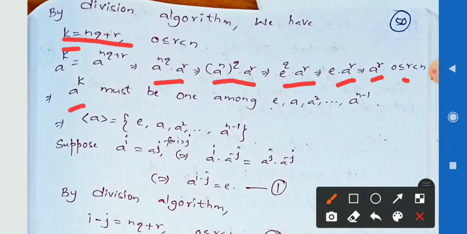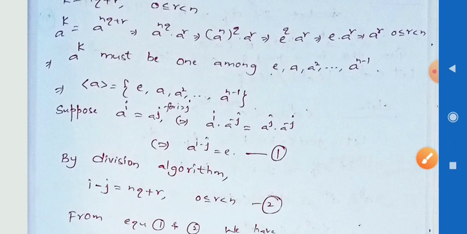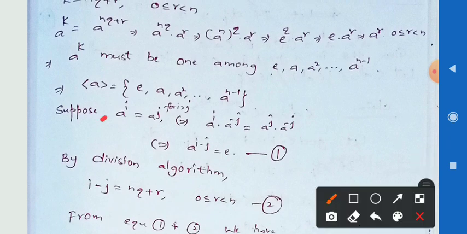Therefore we can say a^k is equal to a^r. So a^k must be one of e, a, a squared, up to a^(n-1), meaning a^k is one of the elements belonging to the generated set <a>. Now suppose I am taking a^i is equal to a^j.